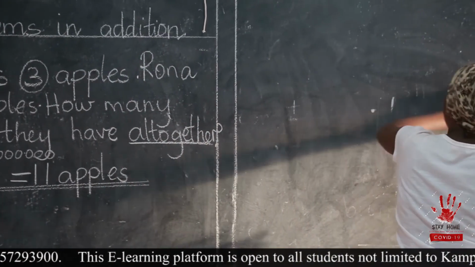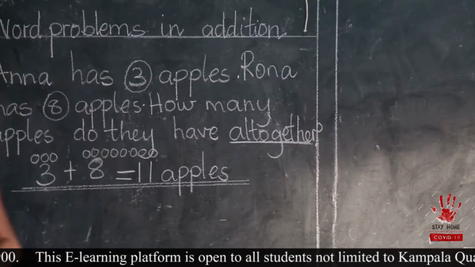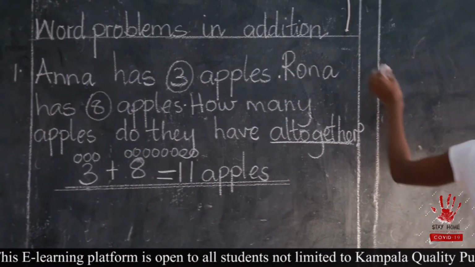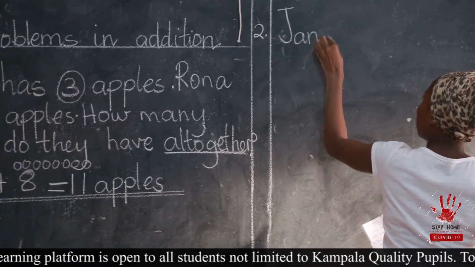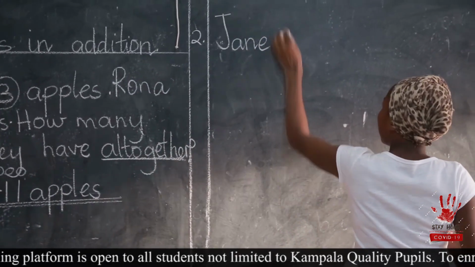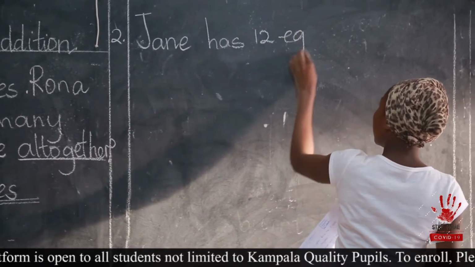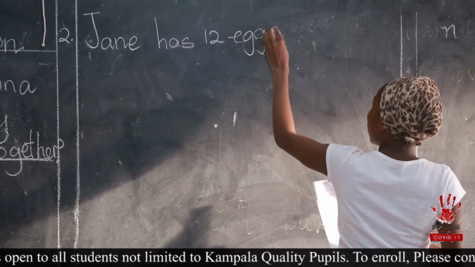Another example, example 2. Example 2 says, Jane has 12 eggs. Maybe she's going to bake a cake or something.